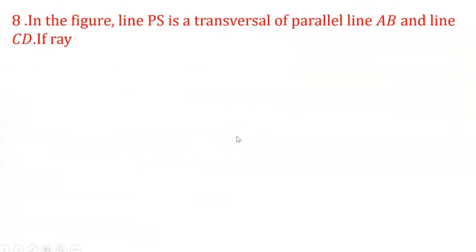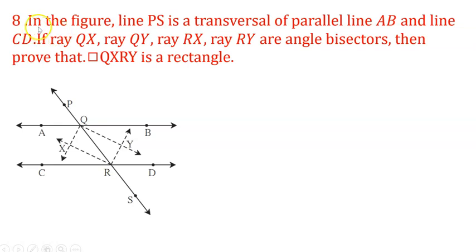Now next, see this here. In the figure, line PS is a transversal of parallel lines AB and CD. See this here, line AB and line CD. PS is their transversal.